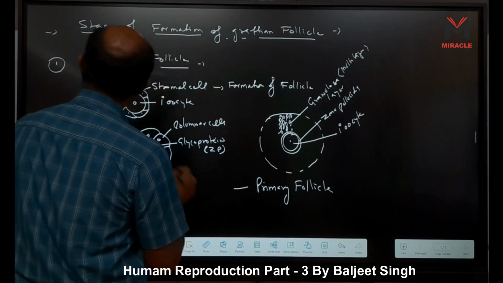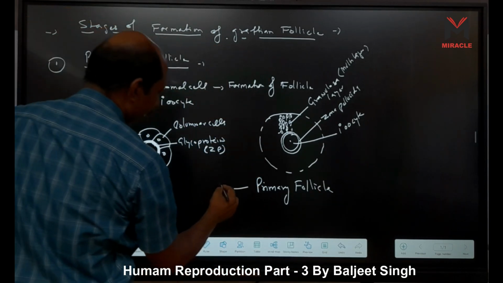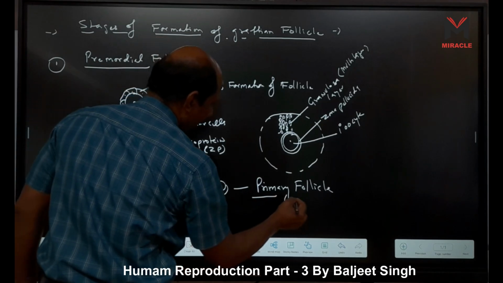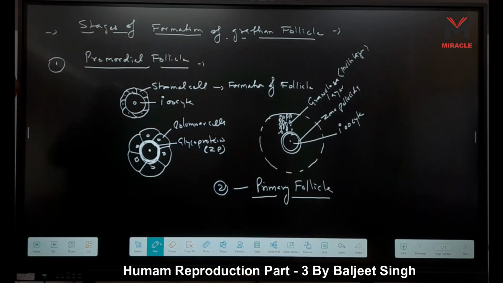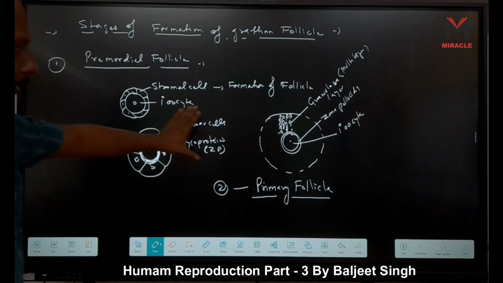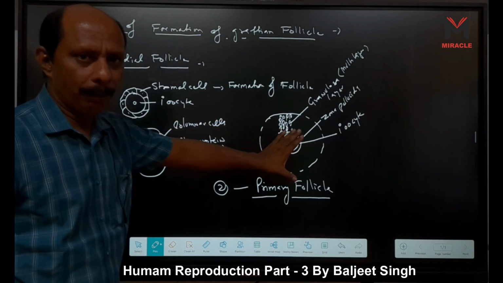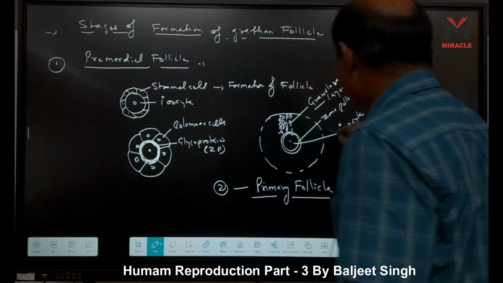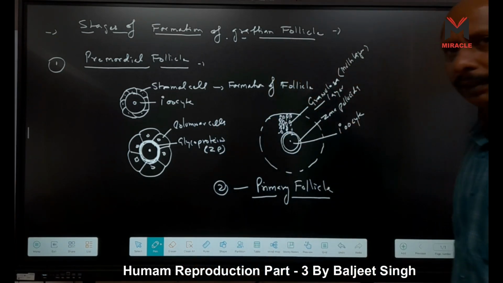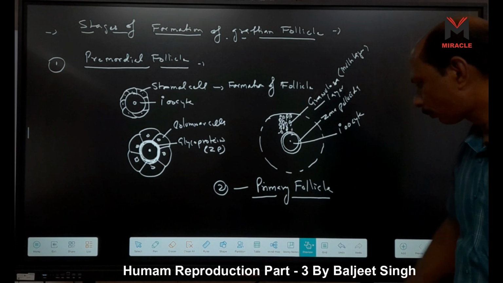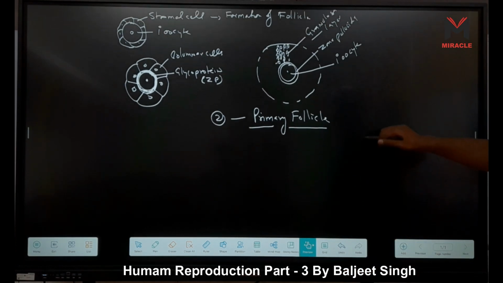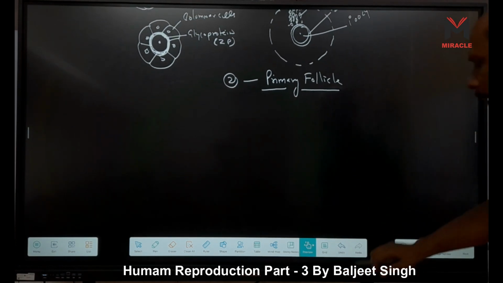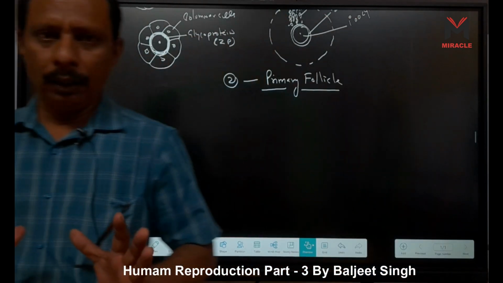This is the first stage, and now it is the second stage, the primary follicle, right? Primordial follicle, then primary follicle. Primary follicle means multi-layered granulosa and oocyte. Now what happens to this primary follicle? It increases in size.